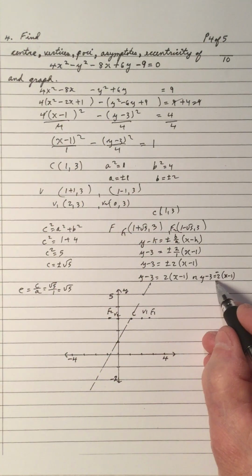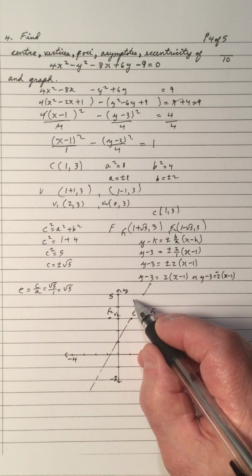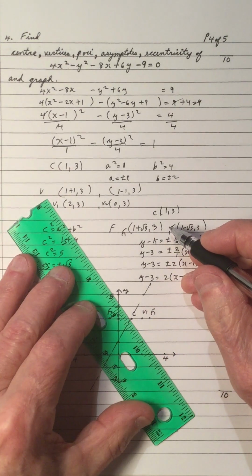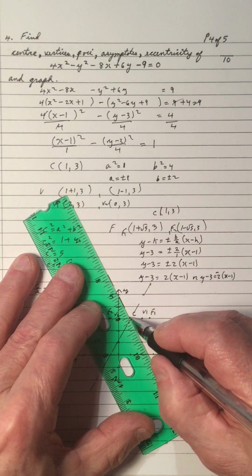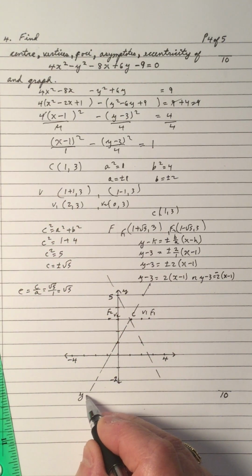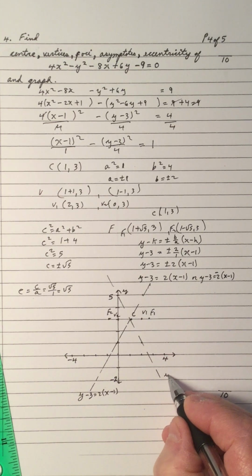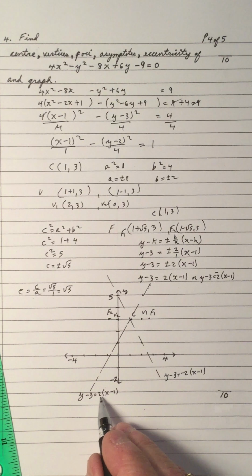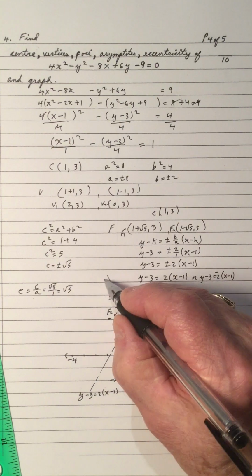Another asymptote is negative: you rise 2 and go left, or you go down 2 and go right. This one is y minus 3 equals 2 times x minus 1, and this one is y minus 3 equals negative 2 times x minus 1. You can also multiply out and bring the 3 over to put it into point slope form. So these are the asymptotes.